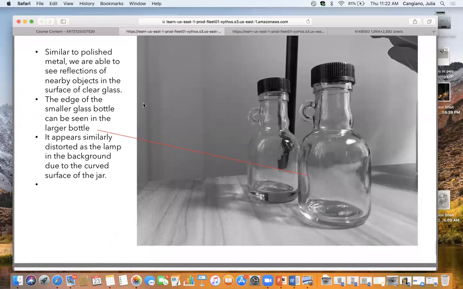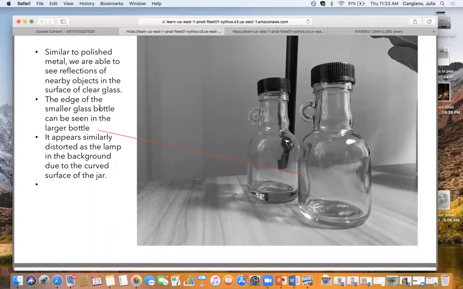As I mentioned before, similar to polished metal, we can see some reflections in the surface of the bottle. So right here, this little reflection, this little area of contrast in this sort of darker line, I think it's a reflection of this bottle's edge back here. I think that's what I'm seeing. But again, you can't always see it.